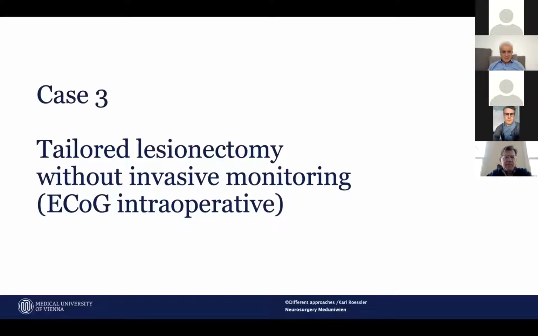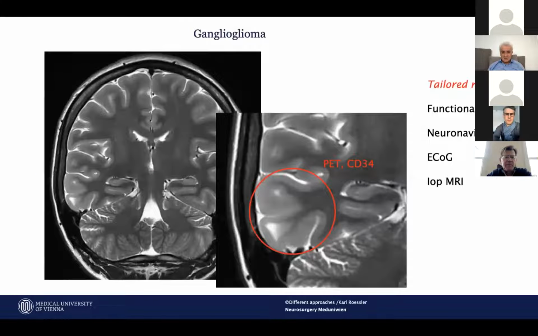The tailored lesionectomy without invasive monitoring and intraoperative electrocorticography is most used by us in these cases of gangliogliomas.